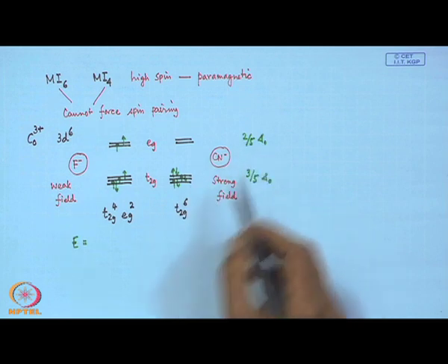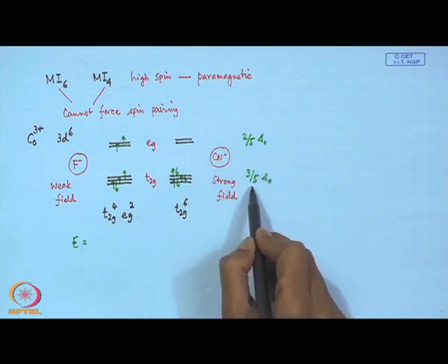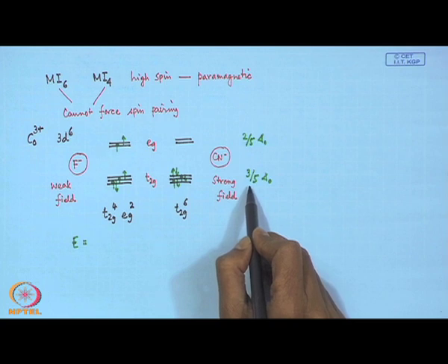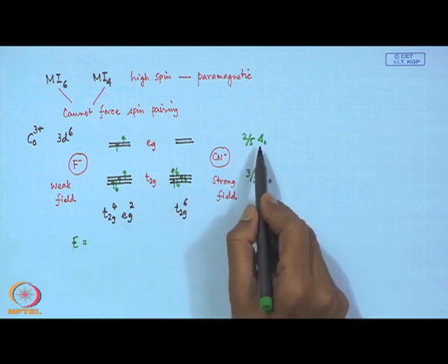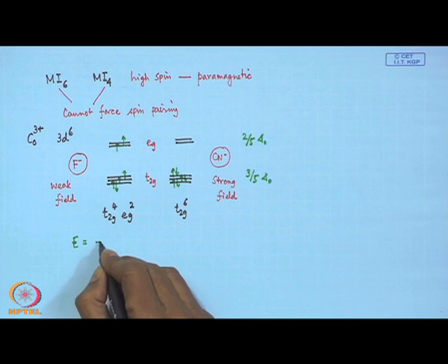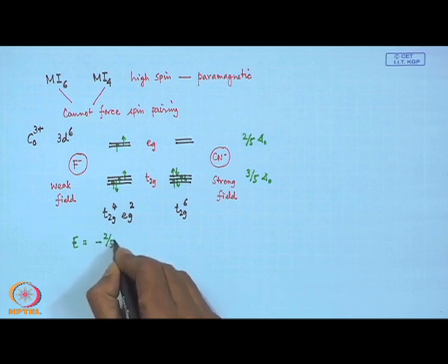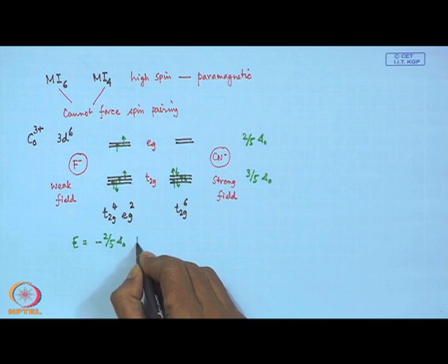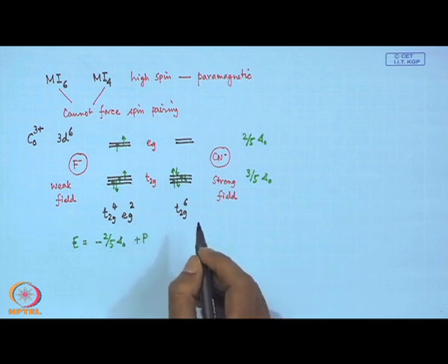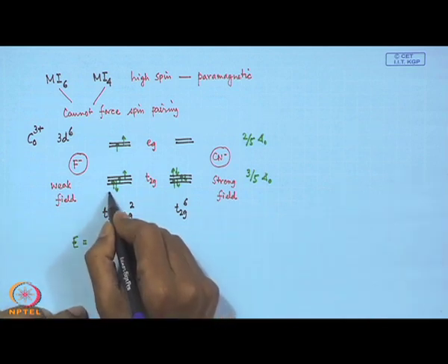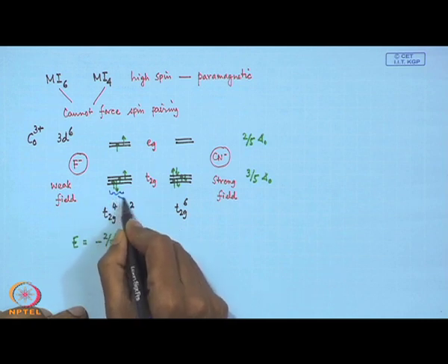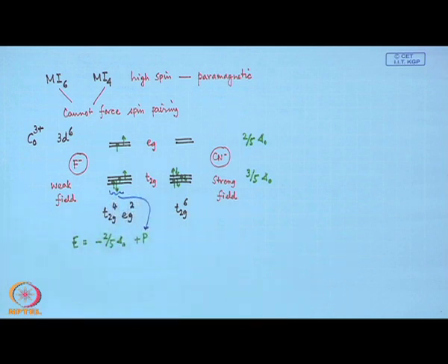Per electron occupancy in the T2G level gives a stabilization of minus 3/5 delta O, and per electron in the EG level is plus 2/5 delta O. We get this value as minus 2/5 delta O plus P, where P is the corresponding pairing energy.